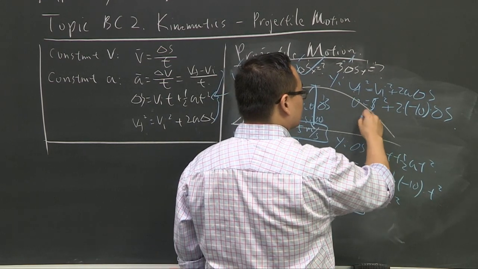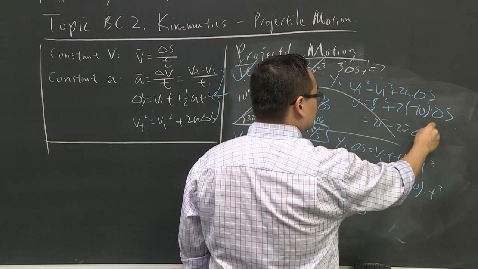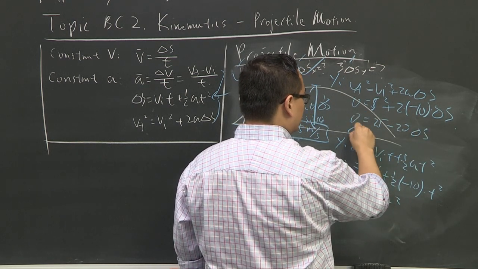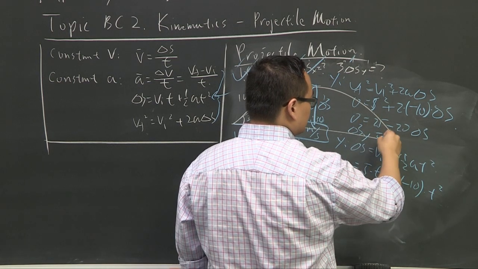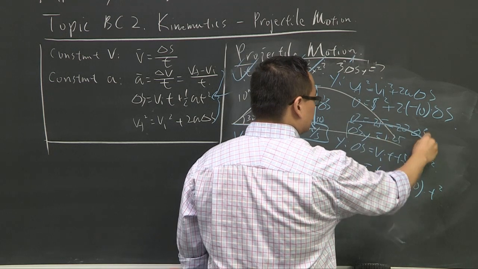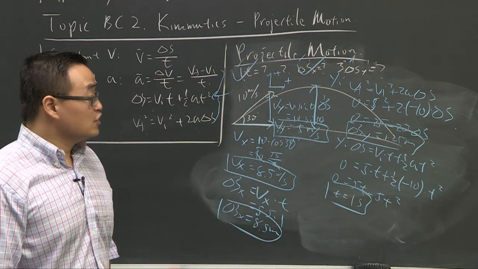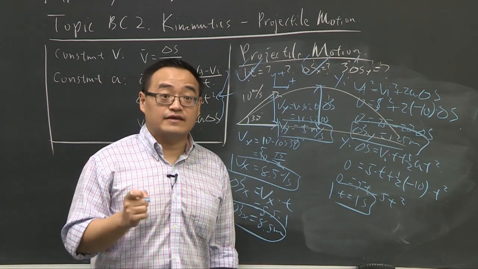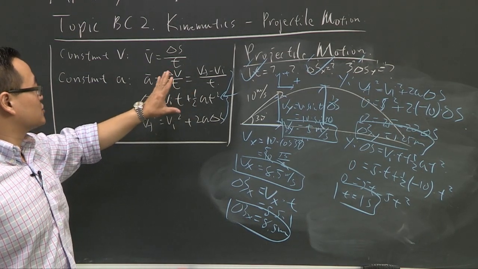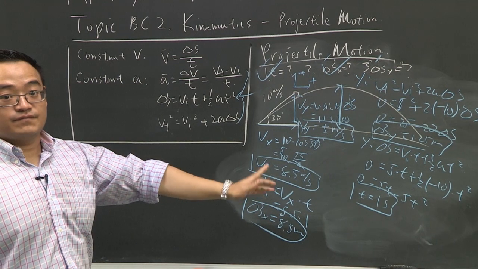So 0 is 25 minus 20 delta s, and delta s in the y direction is 25 over 20, 1.25 meters. That's it. See how simple that is. You never have to get all three, right? But I'm showing you just by using this, you can actually derive the entire board. Okay? The entire board.